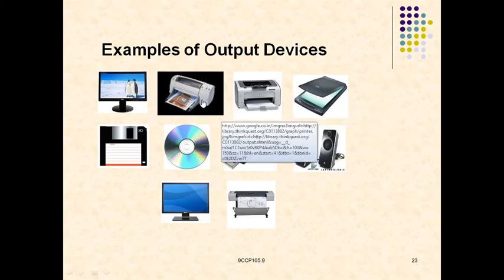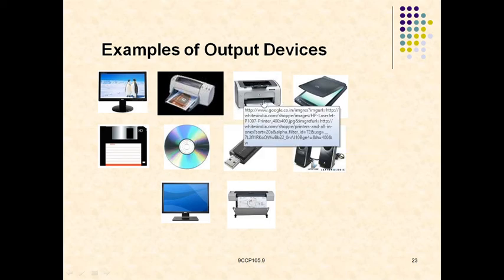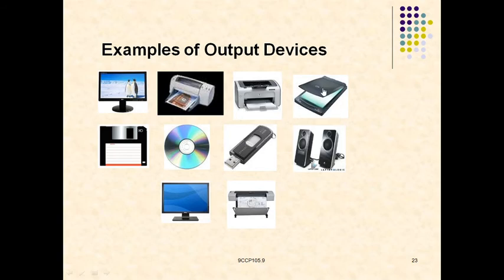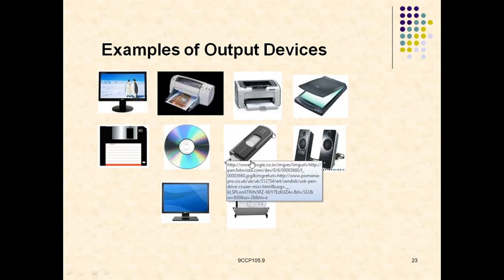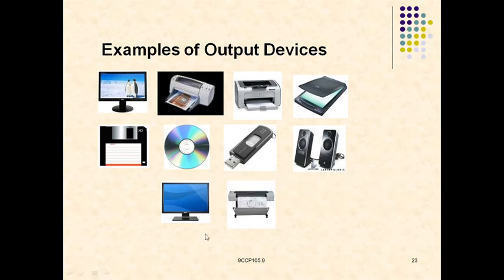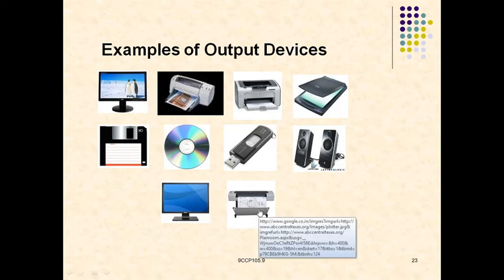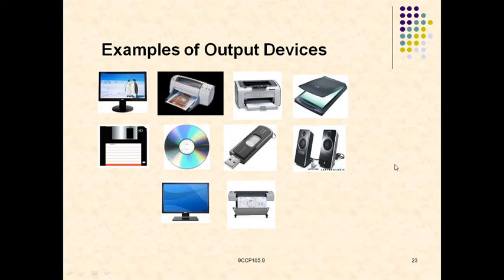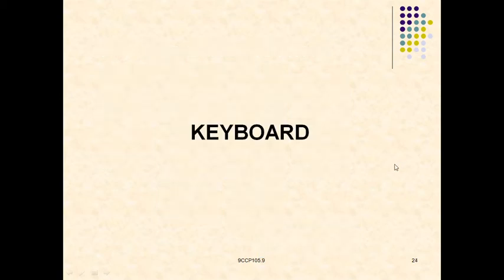Okay, color printer, laserjet printer. This is scanner, floppy disk, CD, pen drive, sound boxes, again monitor, and this is a printer. Okay students, this is a dot matrix printer. So these are some examples of output devices.